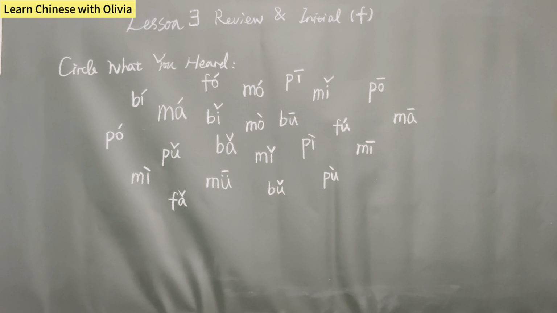Exercise. Circle what you heard. Number 1. Me. Number 2. 把. Number 3. 补. Number 4. 扶.